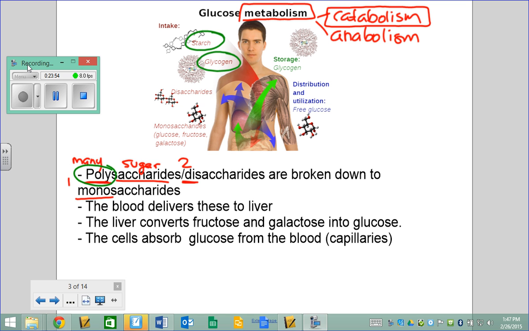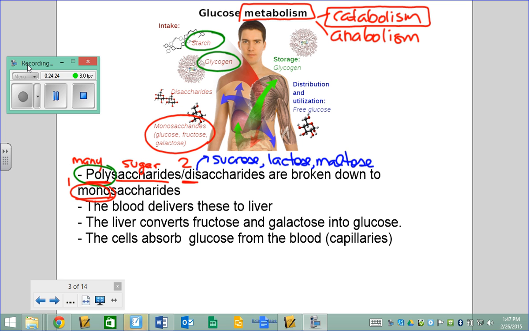Now, if I wanted to talk about disaccharides, which you could also have as an intake, this is where I'd be talking about sucrose, lactose, and maltose. And if I was talking about monosaccharides, I'd be talking about things like glucose, fructose, and galactose.